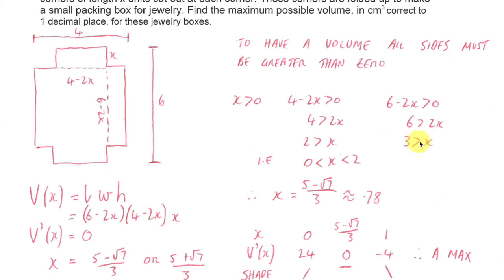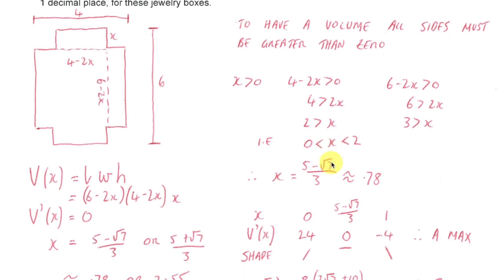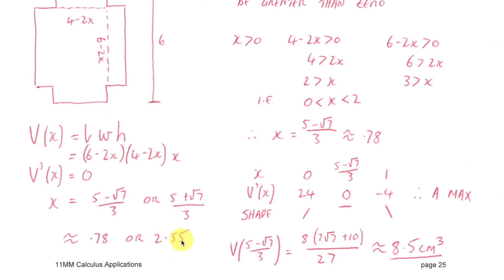So really we don't need to worry about the 3, because the true restriction is to say that x is greater than 0 but less than 2. So we're looking for the domain of this. Notice that we're not including 0 and we're not including 2, because if we achieve those particular exact values, then the volume itself would be 0. So that allows us to dismiss this solution here of 2.55 because it's not within the appropriate domain.